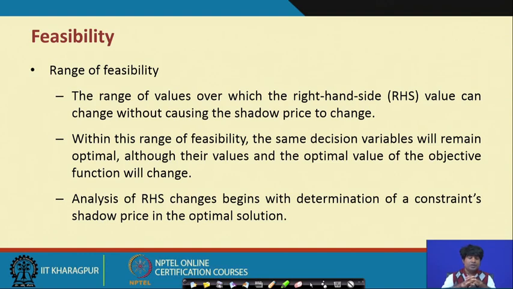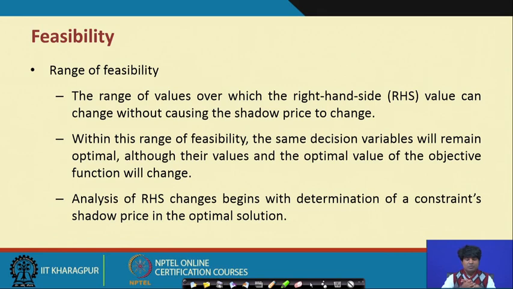And so far as feasibility is concerned, it is the range of values over which the right hand side value can change without causing the shadow price to change. Within this range of feasibility, the same decision variables will remain optimal, although their values and the optimum value of the objective function will change.